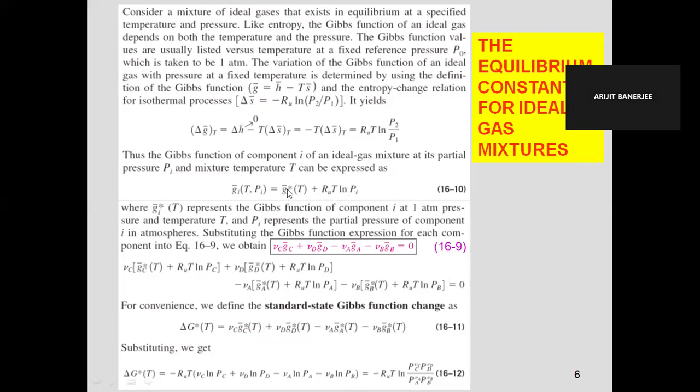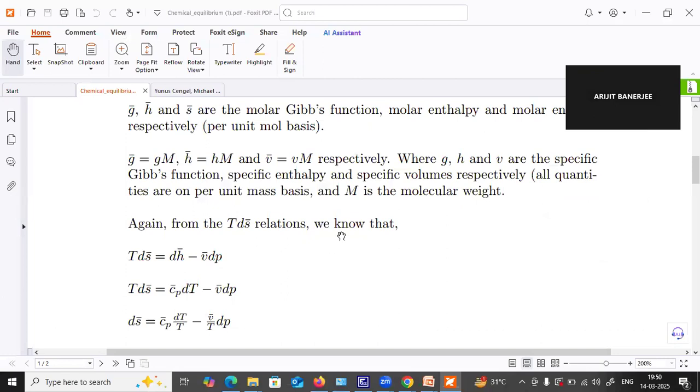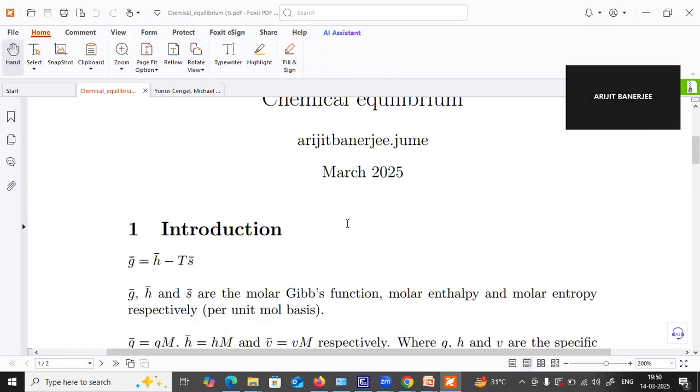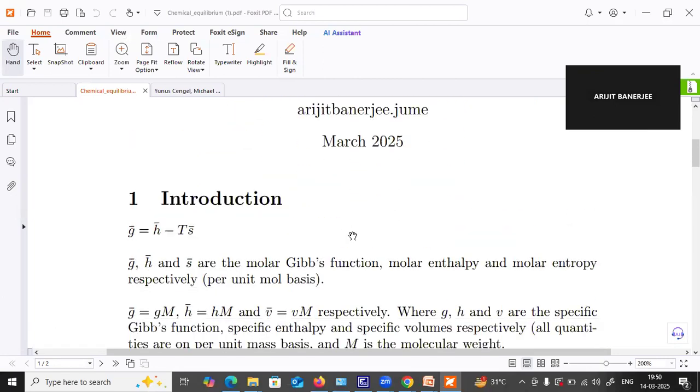You see that the right hand sides are known from either the table or from the properties we can calculate, and the left hand side we will put in the chemical equilibrium criterion. So now we will see how to get this relation.